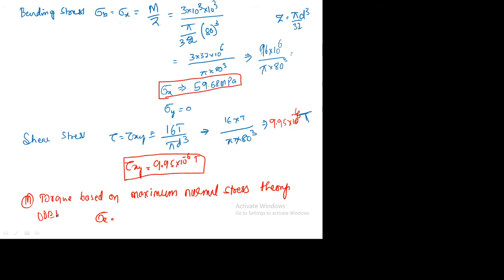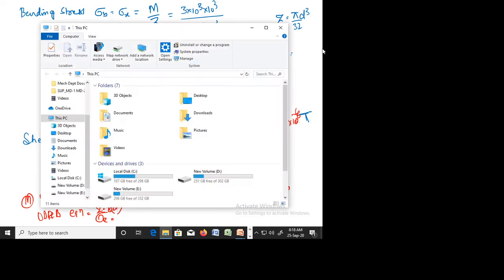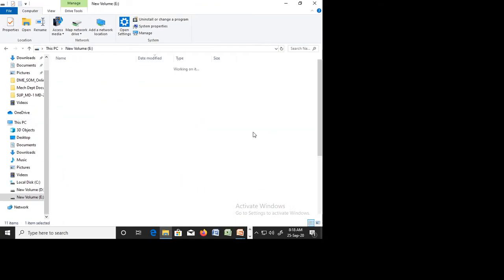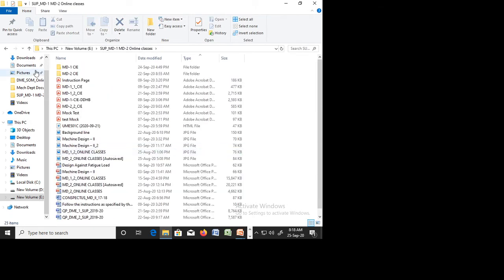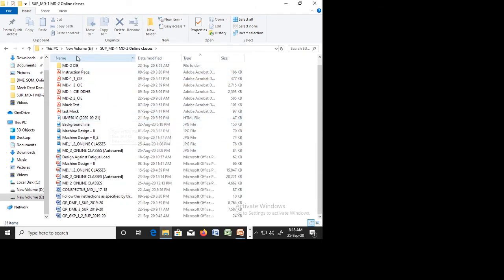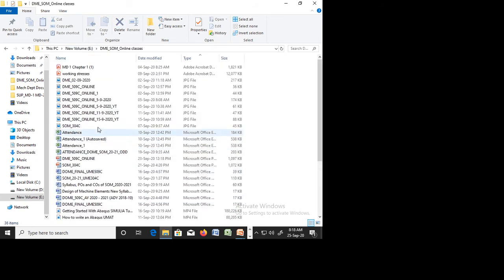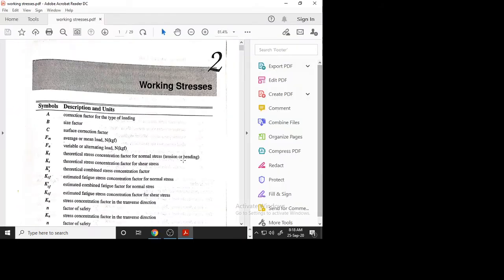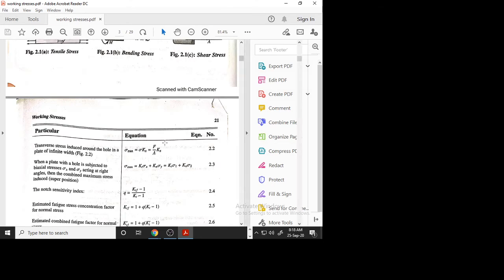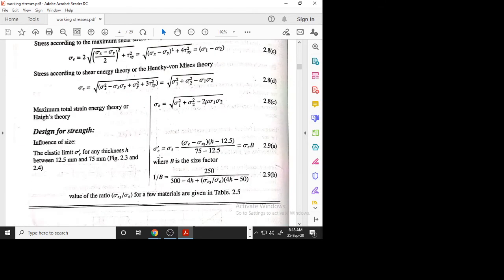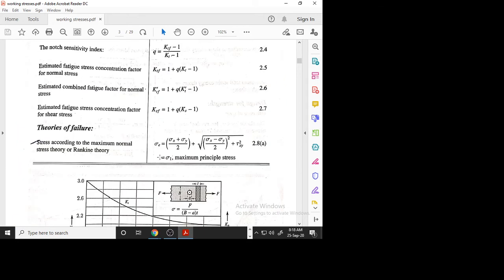The equation is 2.8a. So let us go to the data handbook. Now this is 2.8a, you note down.